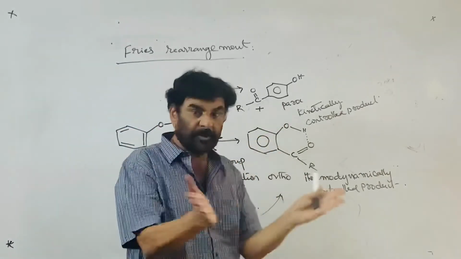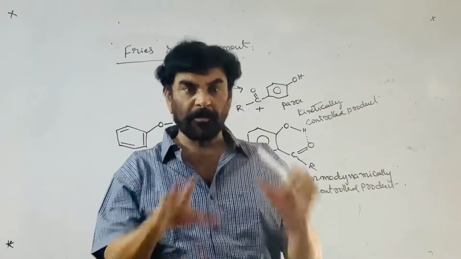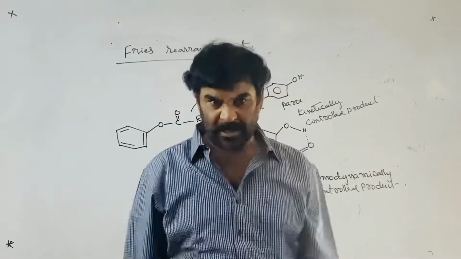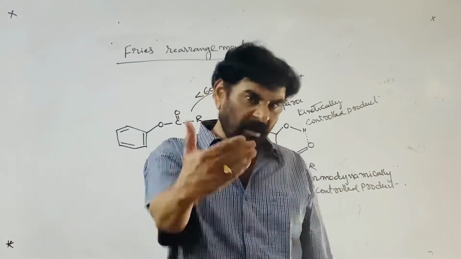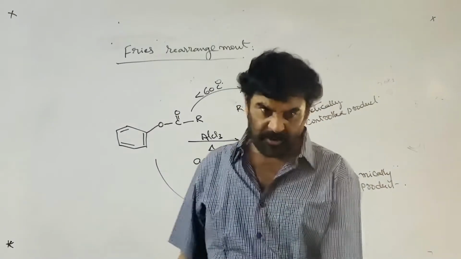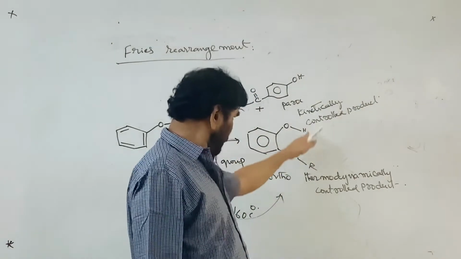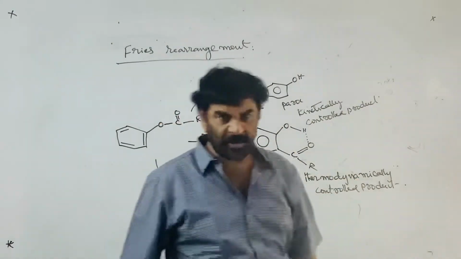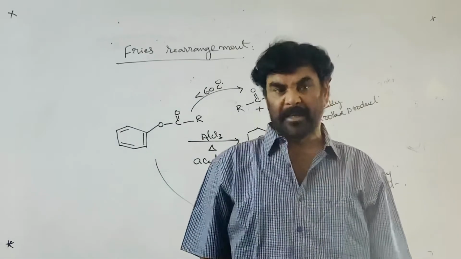Why? Ortho substitution involves ortho repulsions: the group approaching the ortho position needs more energy, so more energy has to be given. But the product is more stable here because of the intramolecular hydrogen bonding, the chelation, so the energy content of the product is decreasing.